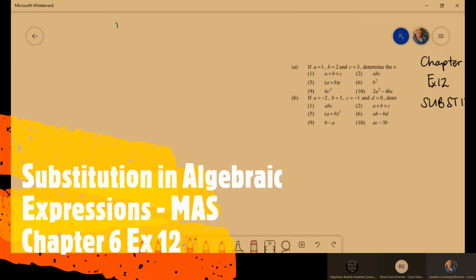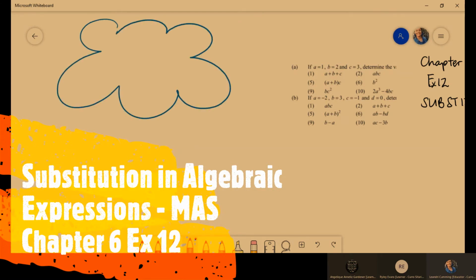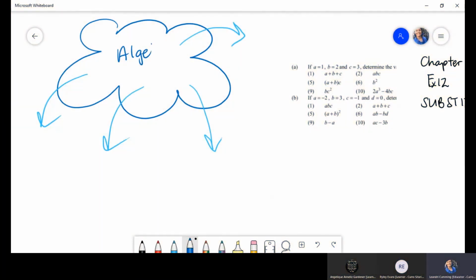Think of it as a little cloud. Here's a cloud in the sky, and within that cloud you have various processes. There's one, there's one, there's one, there's one. Let's call this cloud algebra. Now, within the world of algebra, you have simplifying. We've done quite a bit of those.